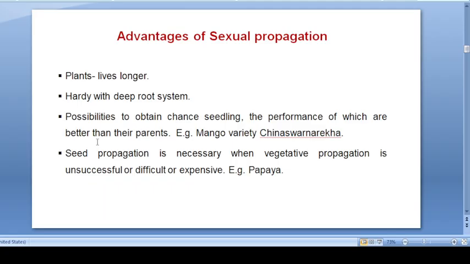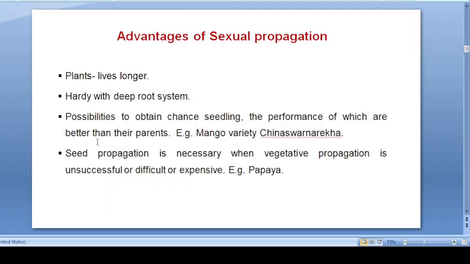Another advantage, especially in fruits, is that for some fruit crops we cannot follow any vegetative propagation methods. For such crops we extensively use, or explore, seed propagation. An example is papaya.